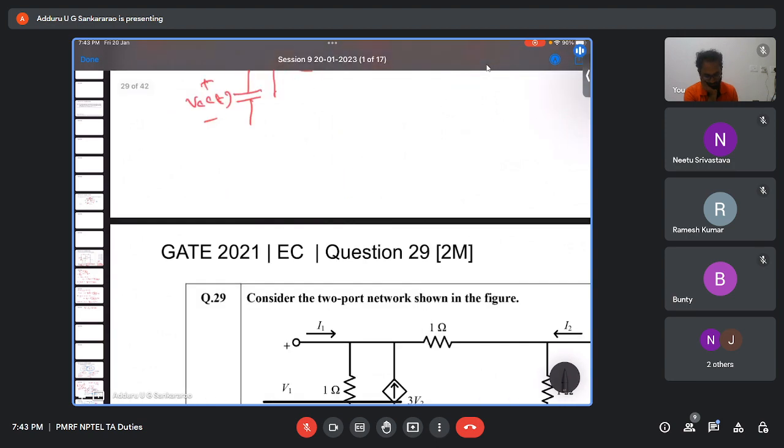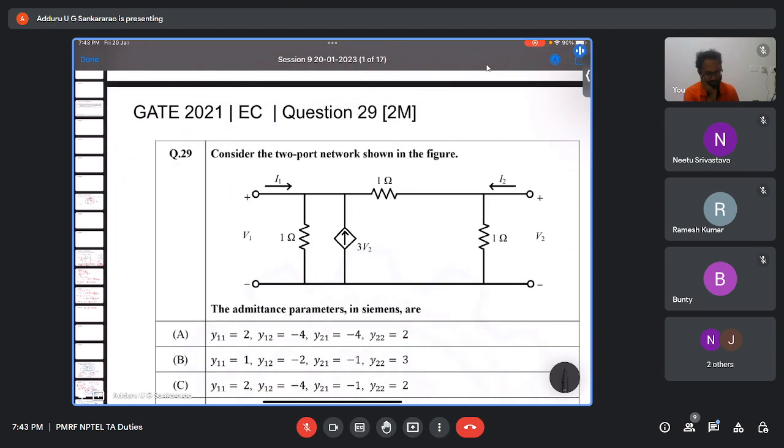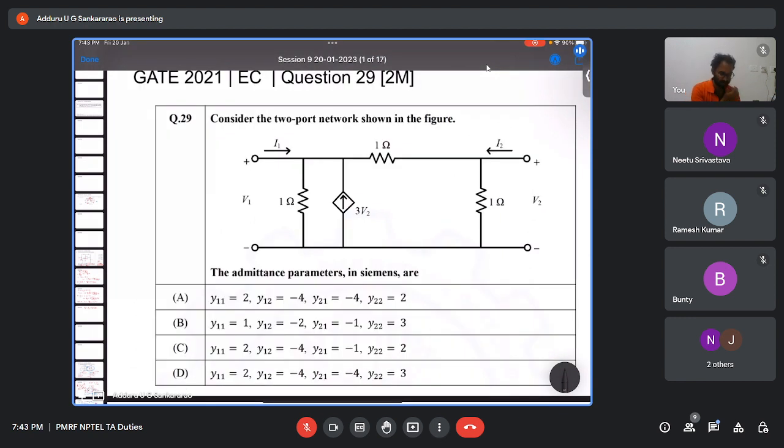Fine. We'll move on to the next question if you don't have any questions. This one was given in GATE 21 for 2 marks. Consider the two-port network shown in the figure. Then the admittance parameters in Siemens, the inverse of ohms, is. They're asking admittance parameters.